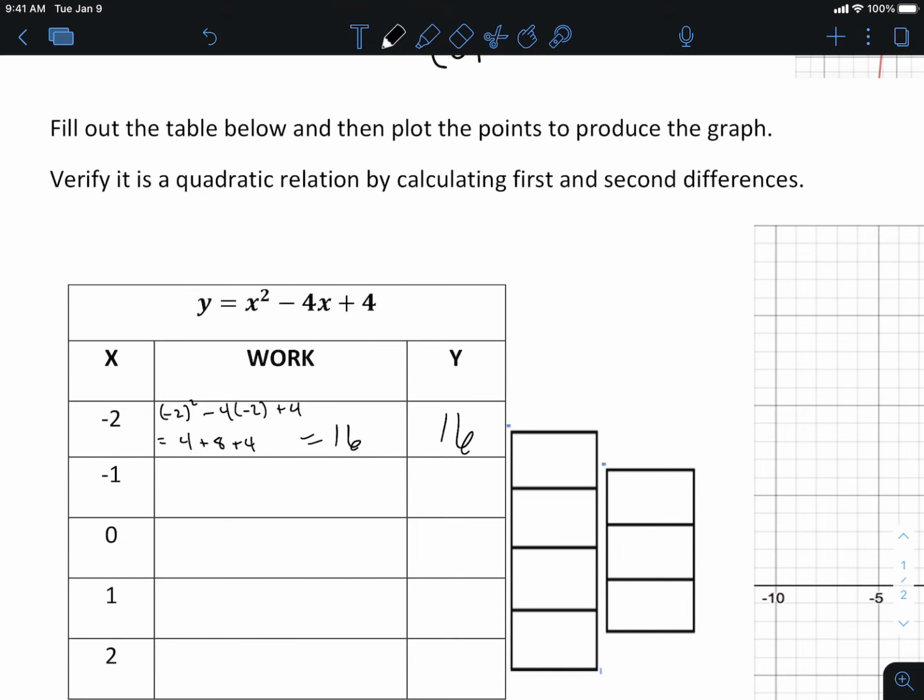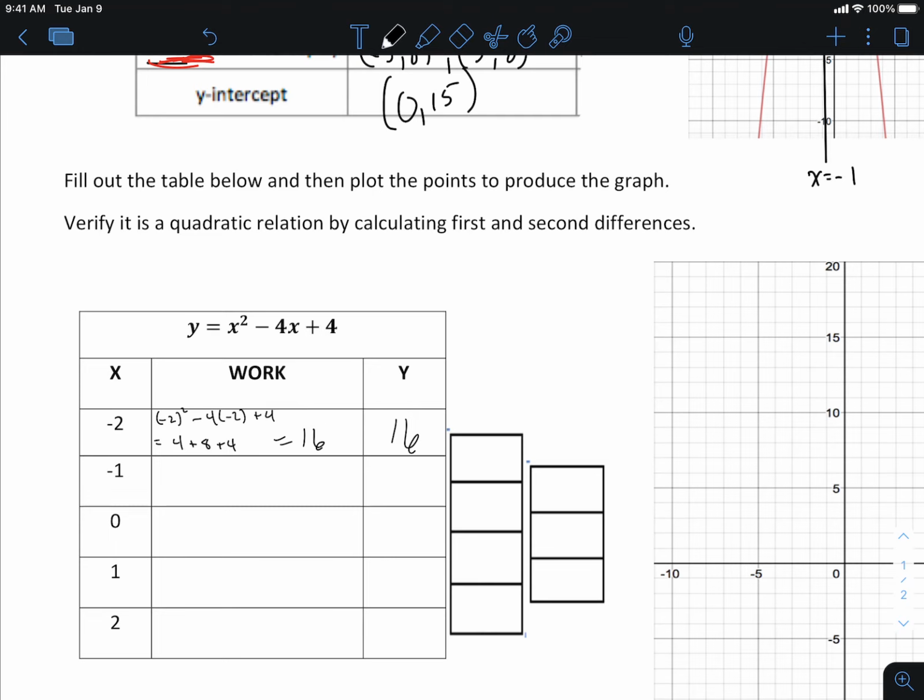I won't make it so that there's 10 points here for you to do, but 5 seems reasonable. Okay? So plug in the next one. Negative 1 squared minus 4 times negative 1 plus 4. Well, negative 1 squared is 1. Negative 4 times negative 1, positive 4 plus 4.